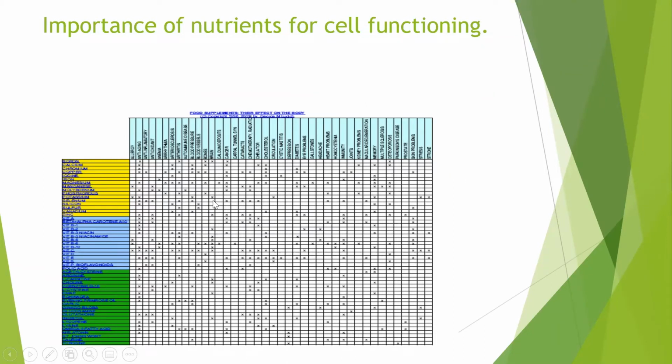So as you can see, these cross marks show what effects these nutrients, all the vitamins, minerals, and the phytonutrients in the greens can have on our body, and if not taken in the right quantity, can lead to abnormal functioning.